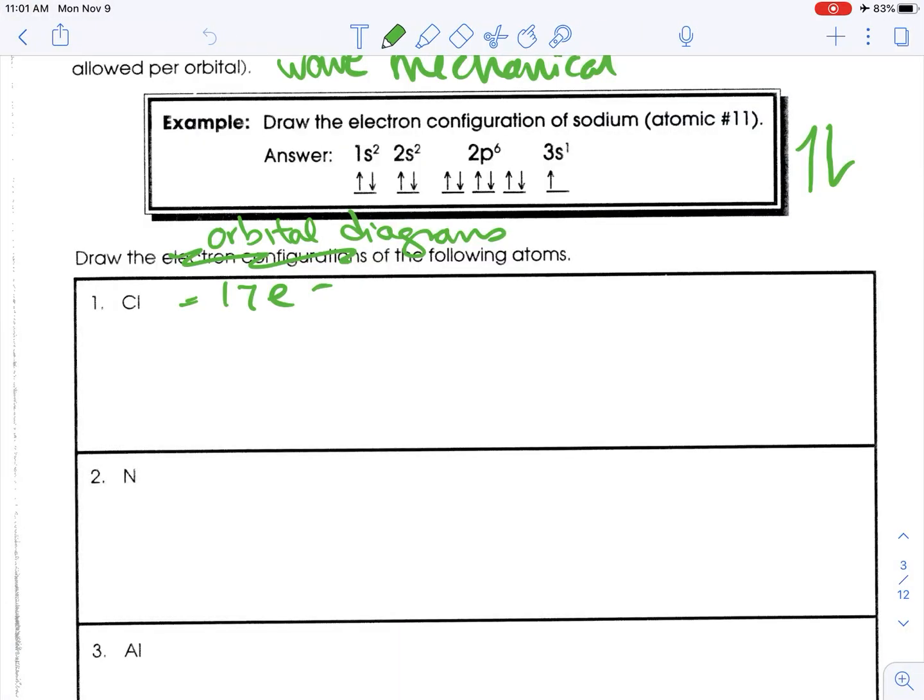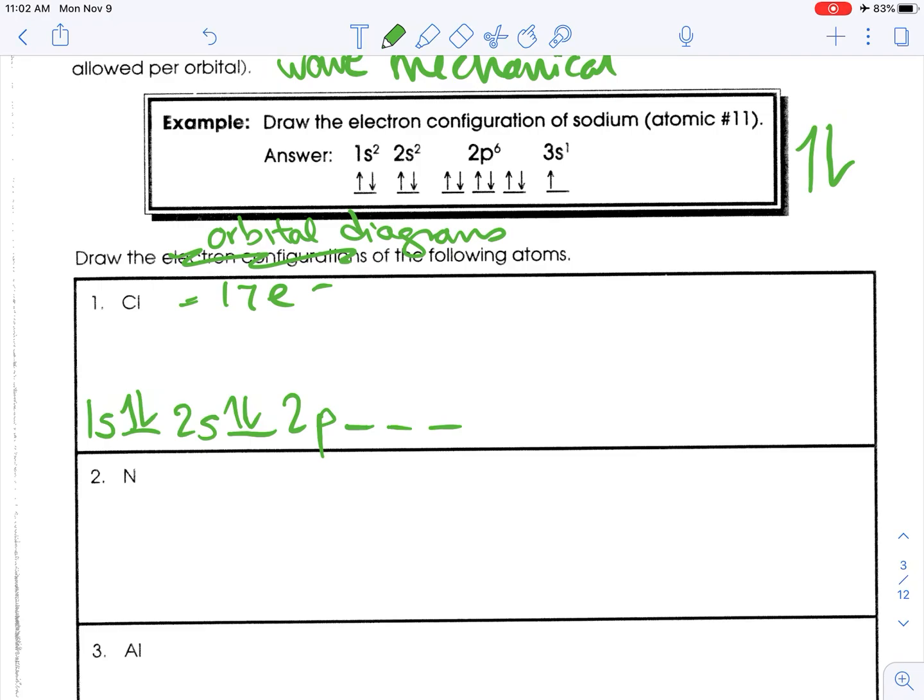Okay, so we need to always start at the beginning, which is 1s. 1 orbital, 2 electrons. After the 1s comes the 2s, 3, 4. After the 2s comes the 2p. What you do need to remember is how many orbitals there are. There are 3 in the p. They fill one at a time, and then you go back through. That's called Hund's rule.